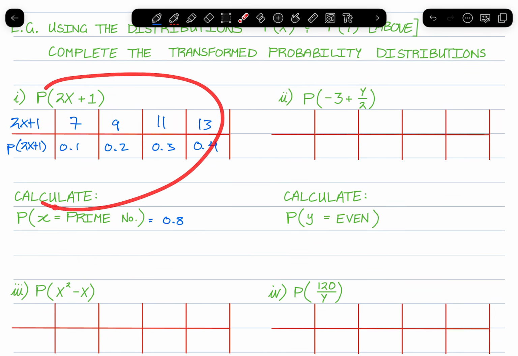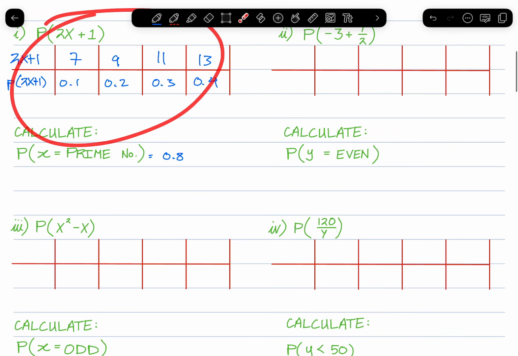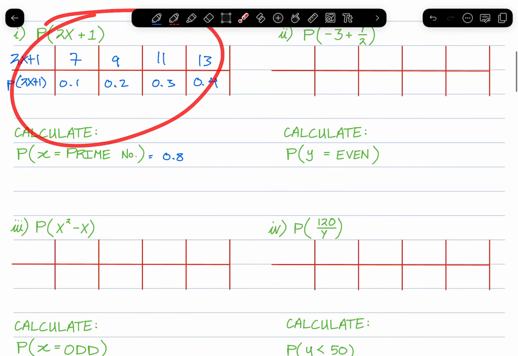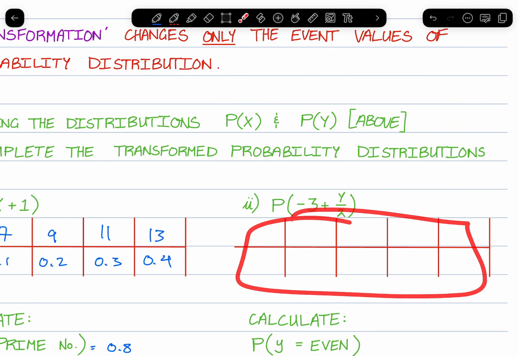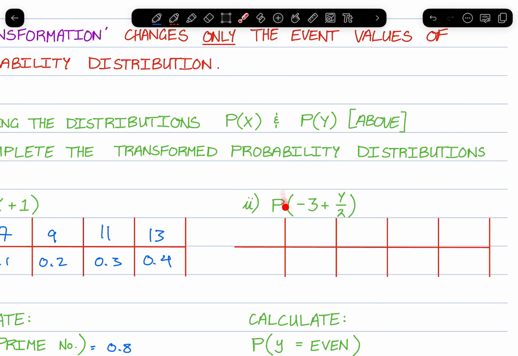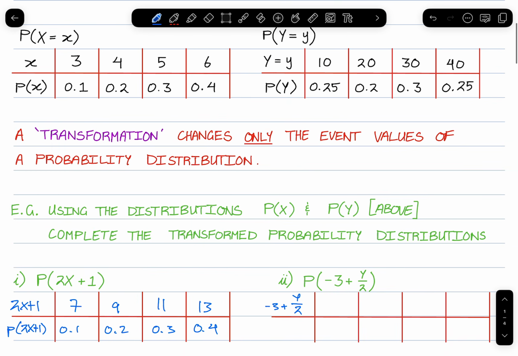Now that you've seen this one example, I'm pretty sure the remaining 3 are very straightforward. So let's generate this transformed probability distribution. P of -3 plus Y on 2. So -3 plus Y on 2. And we're now going to put these numbers into this transformation.